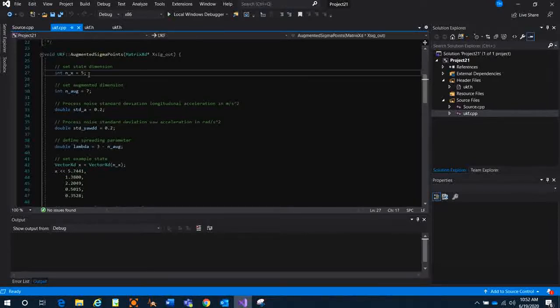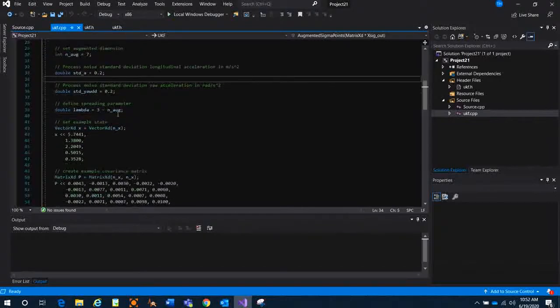Right now we have the state dimension, so we have 5: px, py, v, and yaw angle, and so on, right? And now we have set the augmented state dimension to 7, not 5. Last time we learned how to do that, but this time we jump to the first step, generate sigma points for the model.